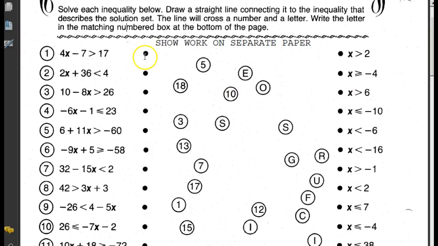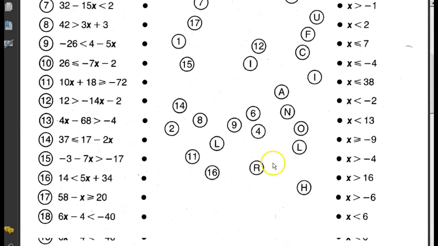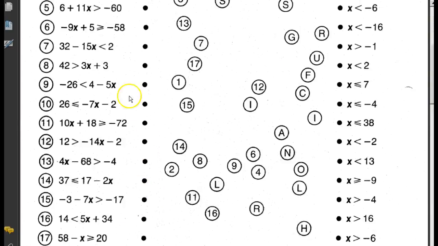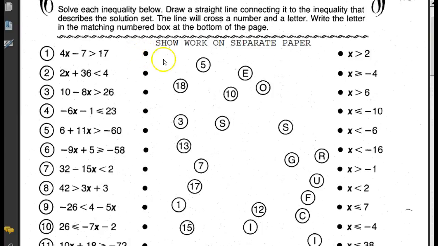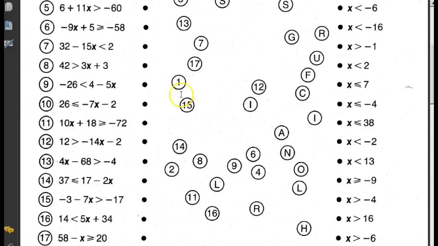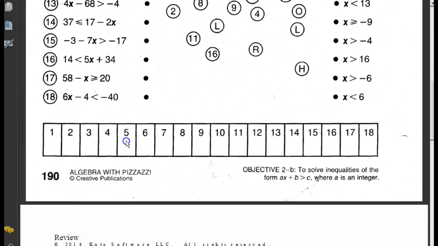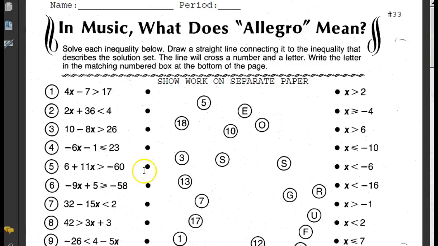So you might have to use a straight edge of some sort to make it work, or maybe not. Okay. And then the line will cross a number and a letter, and then you go down here, and let's say it looks like if you draw a straight line, it's going to go 5 and E, right? So you go down here and you put E for 5.